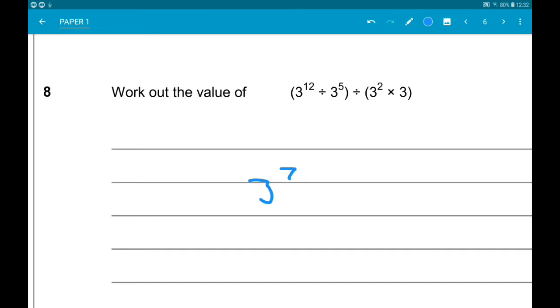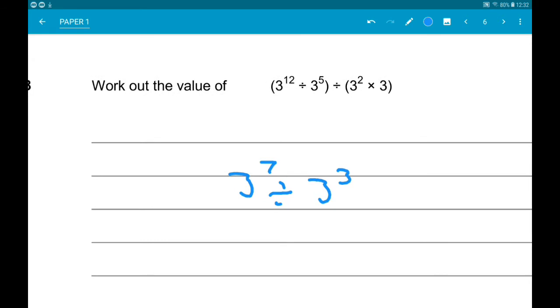So we got 3 to the 7 divided by 3 squared times 3 is 3 cubed. Now with indices, when you're dividing, you subtract the second power from the first. So this is 3 to the 4.